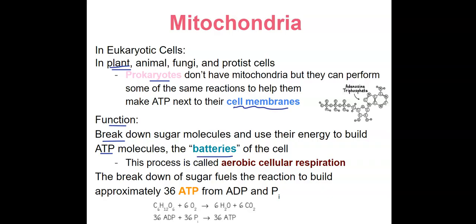The batteries of the cell. And again, we say it is aerobic because oxygen is required in order for this reaction to occur. Okay, and again, you typically get about 36 molecules of ATP for every single glucose molecule that runs through this process. So a lot of ATP is produced.